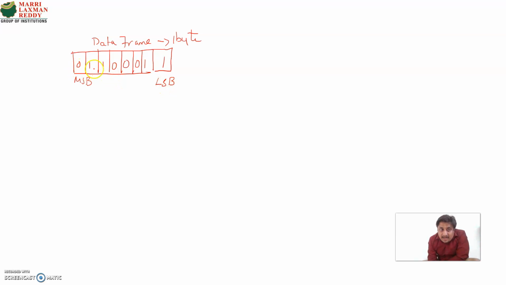On counting the number of ones, if the number of ones is even, then at the position of MSB, if we call it as position M, the M plus 1 position will be made as 0.